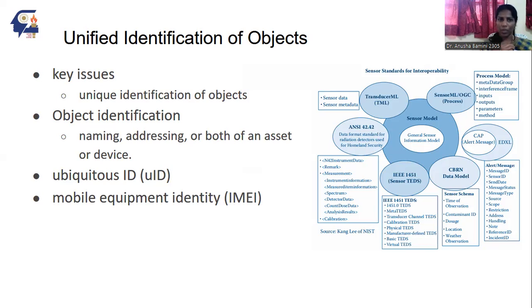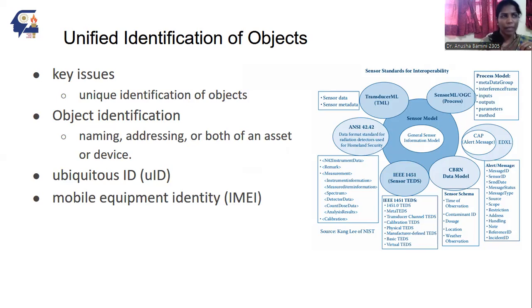Okay, so for identification of an object, we need a unique identification. For that unique identification as well as object identification, we need naming, addressing, or both of an asset or device. A particular device or object is identified using an ID called a ubiquitous ID.